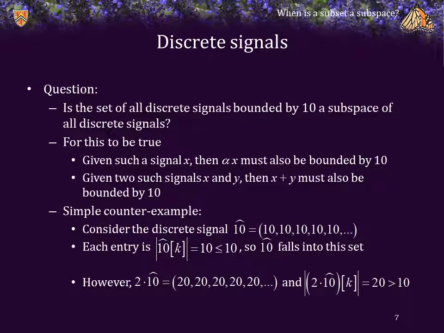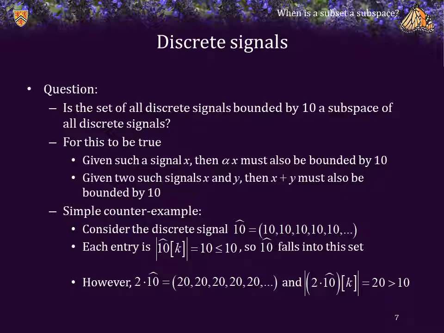Notice, however, that 2 times this discrete signal is simply the discrete signal of all entries being the value 20. So therefore, the kth entry of 2 times the sequence of 10s is 20, and this in absolute value is greater than 10.